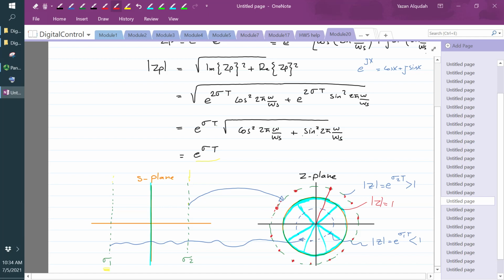And similarly, this inner circle here is going to have a magnitude that is e to sigma 1 multiplied by t. Now you can see if this sigma is negative, so if I have e to negative 2 multiplied by t, this is going to give me a circle that is inside the unit circle. If sigma is in the right half plane, sigma greater than 0, it is going to give me a circle that is outside the unit circle.